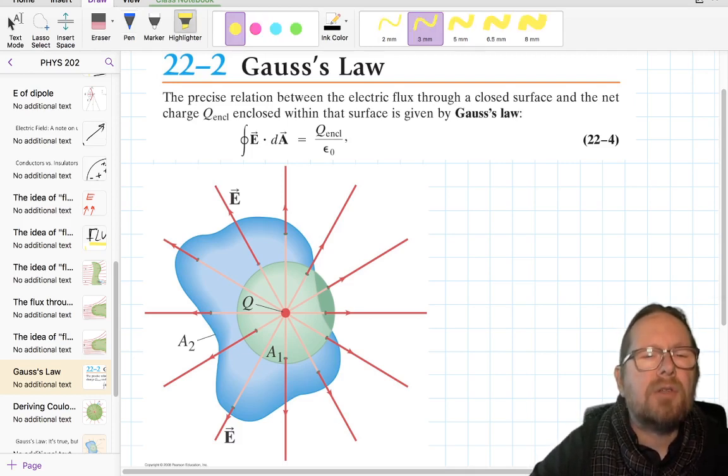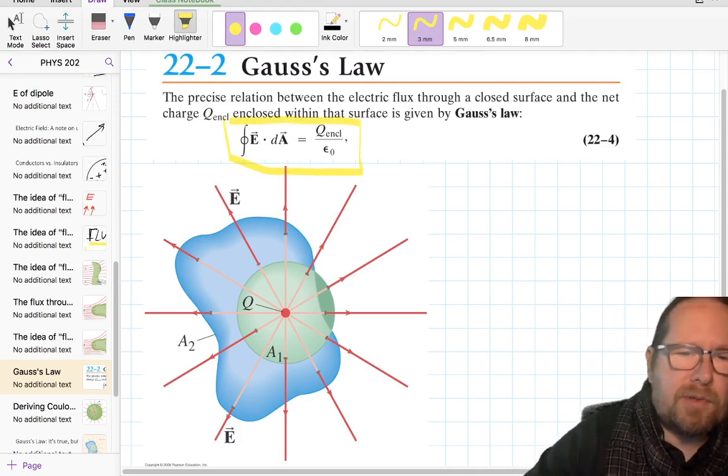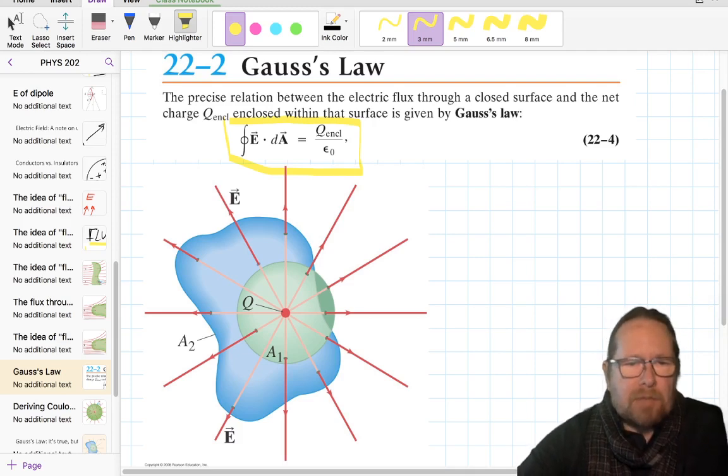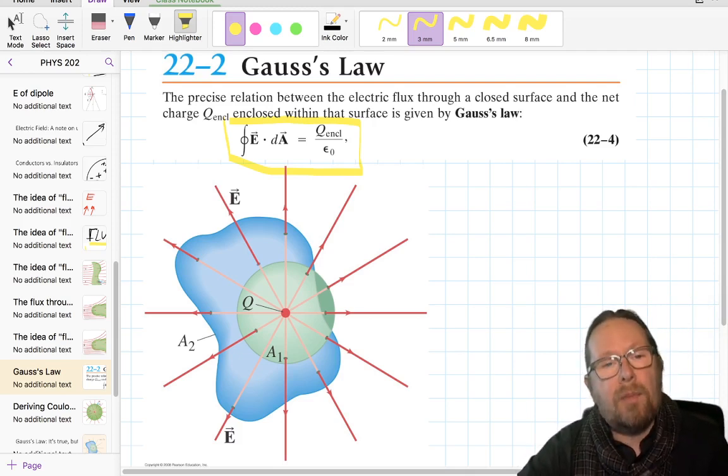So Gauss's law says that the flux through any closed surface is equal to the charge enclosed by that surface divided by epsilon naught. That is true of any electric field, that is true of any charge distribution, and that is true of any surface. This fact is always true.